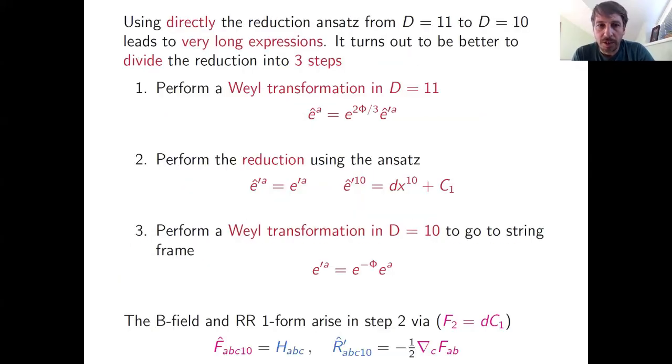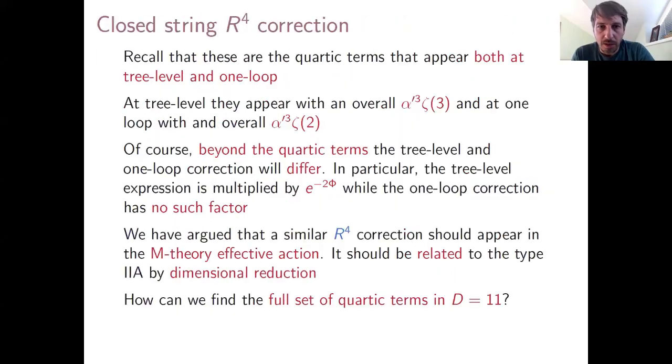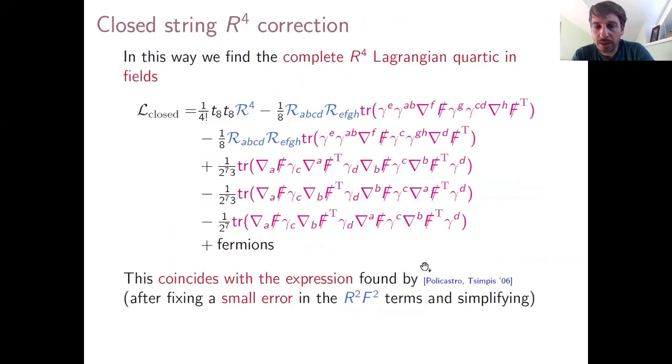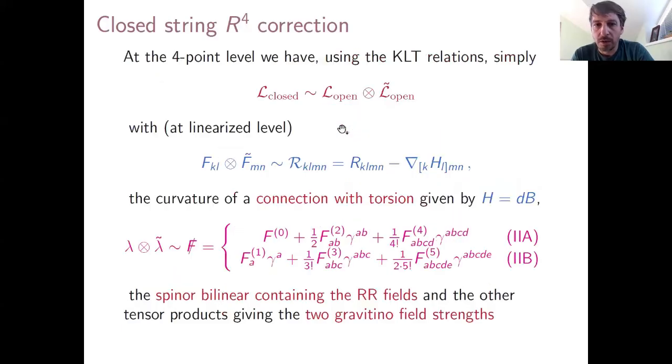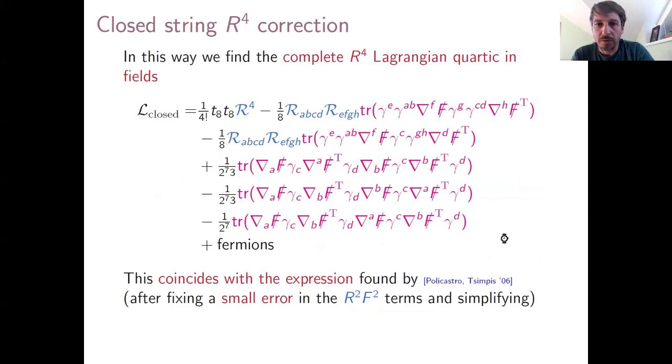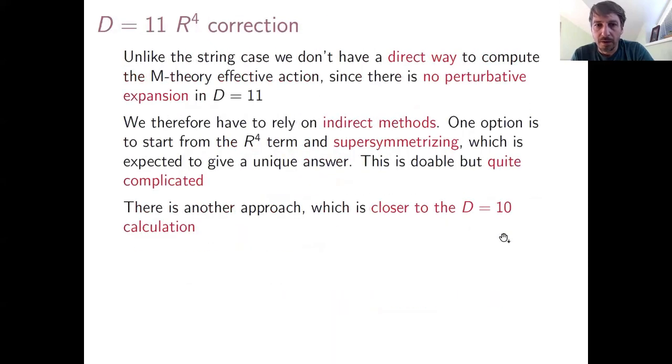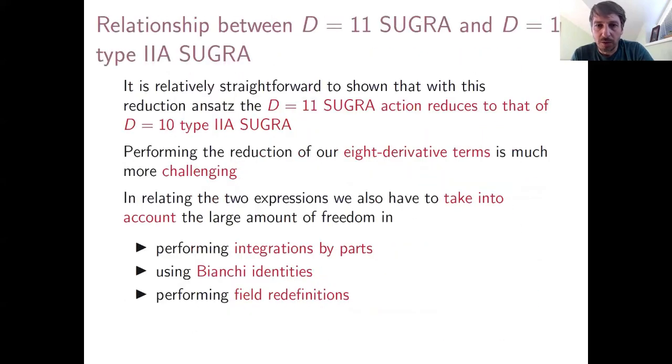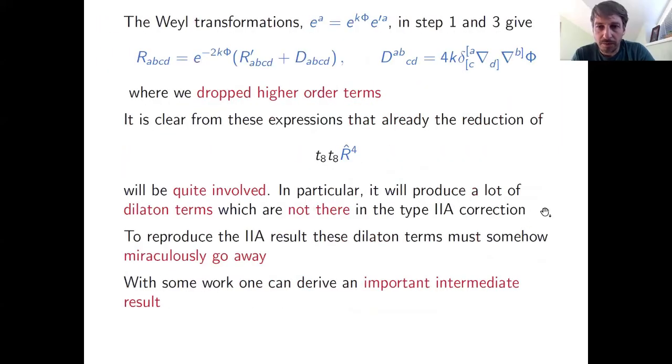All right, I can go back. So I wrote it like this. If you look at this, the dilaton doesn't appear anywhere. This R is just the usual Riemann tensor minus the derivative of H. Right, so it involves the B field and the metric. There's no dilaton term anywhere. Okay, but in this reduction, you produce a huge number of dilaton terms.